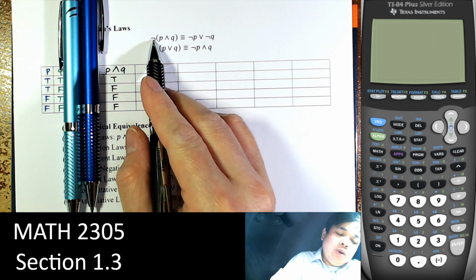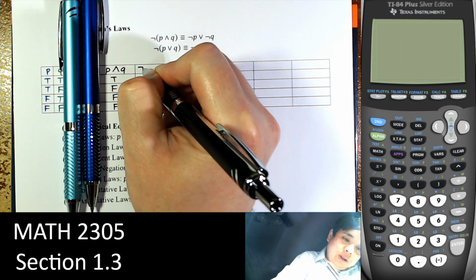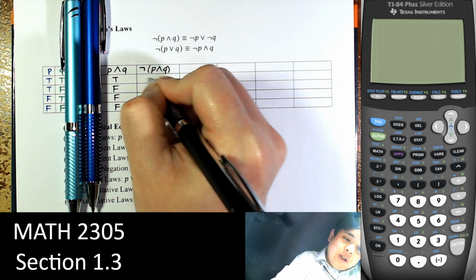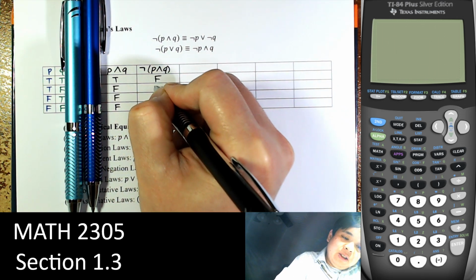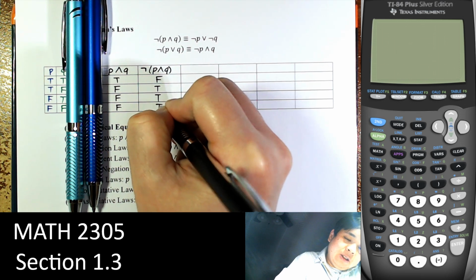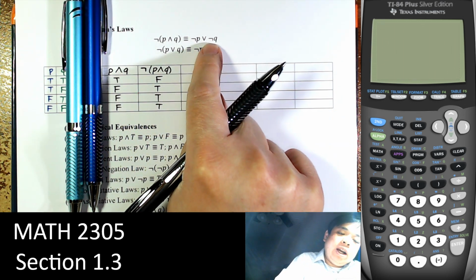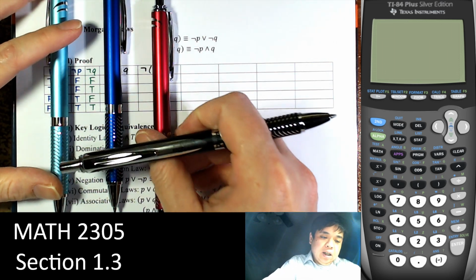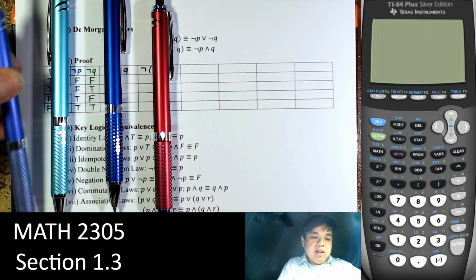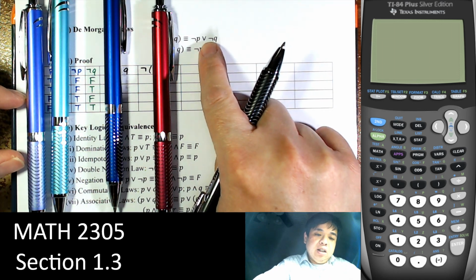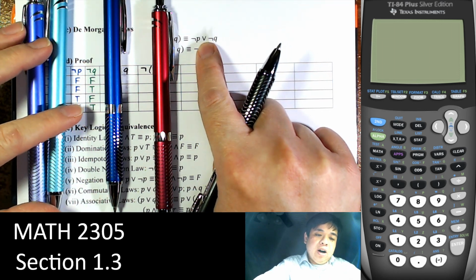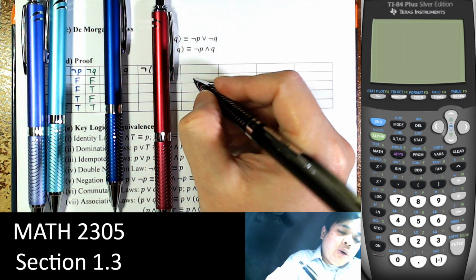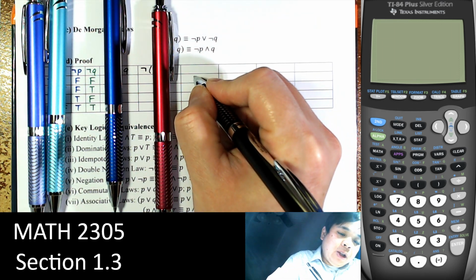And now we just throw the negation onto it, so just negate everything we have. Now we're going to do the right hand side. The right hand side is the OR of the negations. So we have these two values. This is OR, so it will be false when both of them are false.